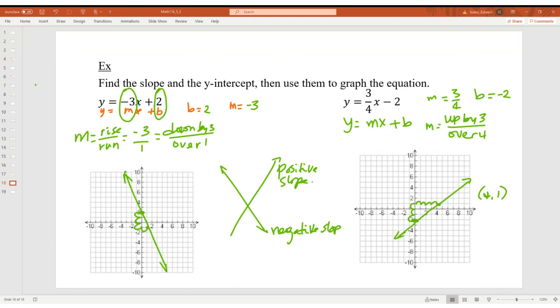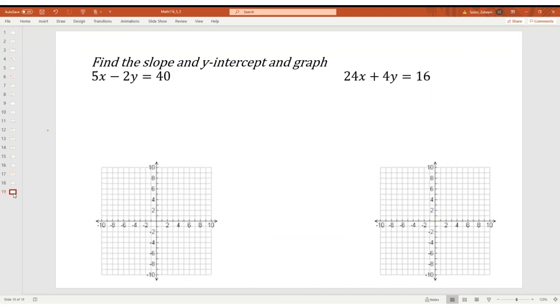Now in the next slide, I'll show you how to change the standard form of the linear function into slope-intercept form. If you are given a function like this, you can change it into slope-intercept form. The slope-intercept form is y equals mx plus b. Now the x term should be on the right-hand side, so I have to subtract 5x from both sides.